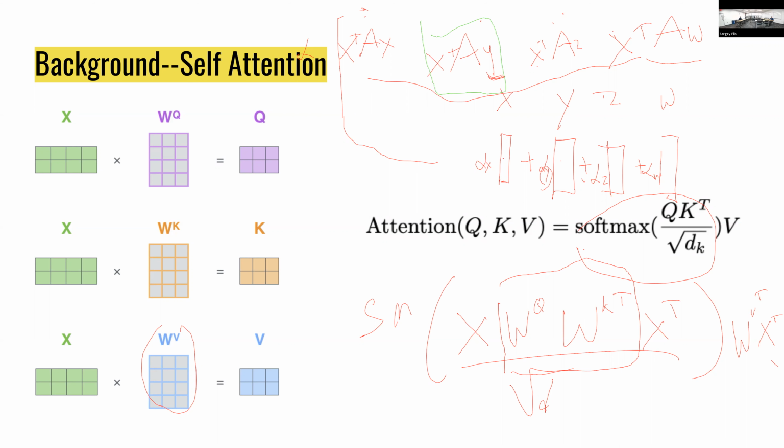I think the bilinear product is the key. Before attention, in Bahdanau's paper and follow-up papers, there was some neural network that learns to predict a weight.